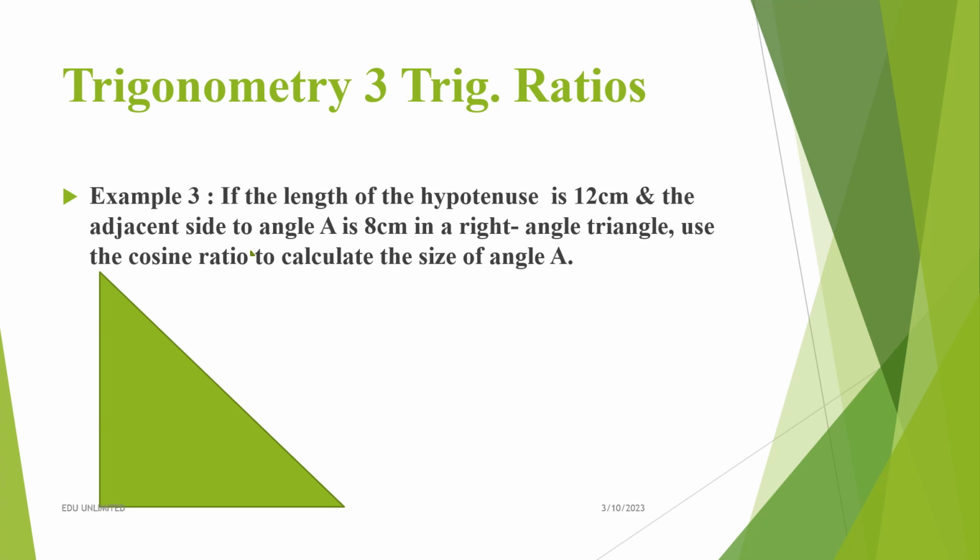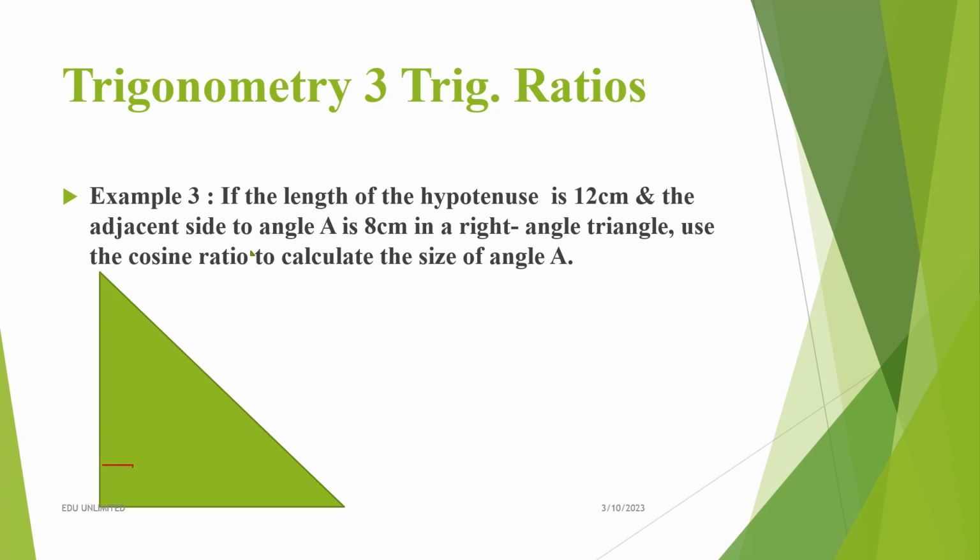Example 3. If the length of the hypotenuse is 12 centimeters and the adjacent side to angle A is 8 centimeters in a right angle triangle, use the cosine ratio to calculate the size of angle A. So first of all, we label the triangle.